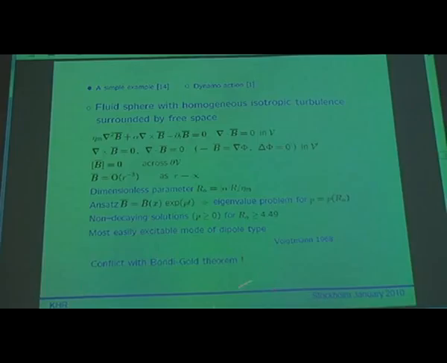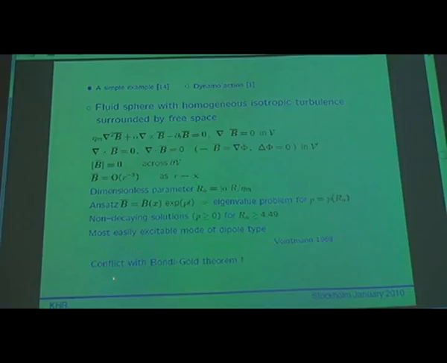And this is, of course, in conflict with the Pondy and Gould theory. The Pondy and Gould theory says that the outer field is bounded, cannot grow endlessly. This was a conflict which was discussed two decades ago by Moffat and others.